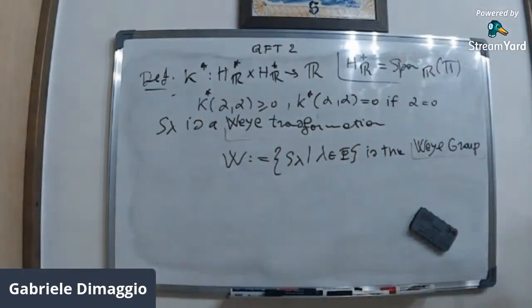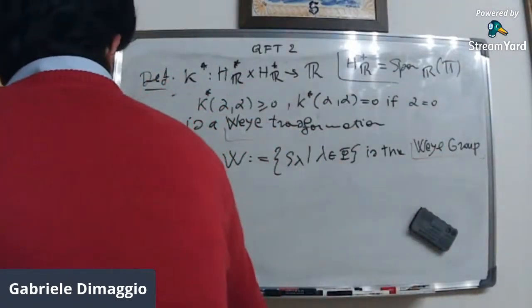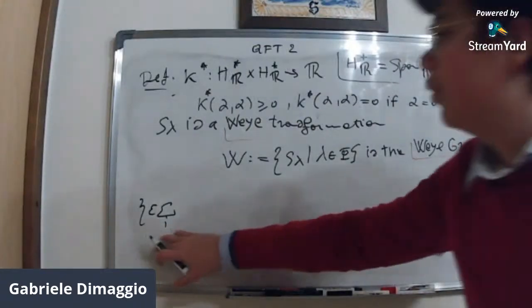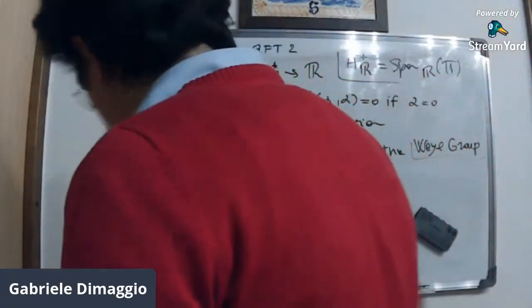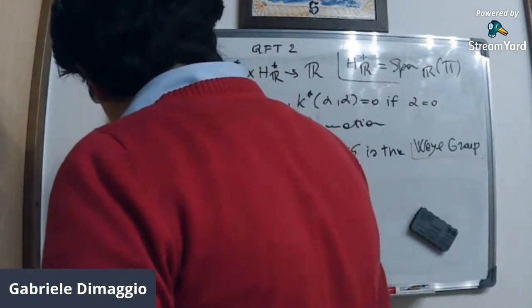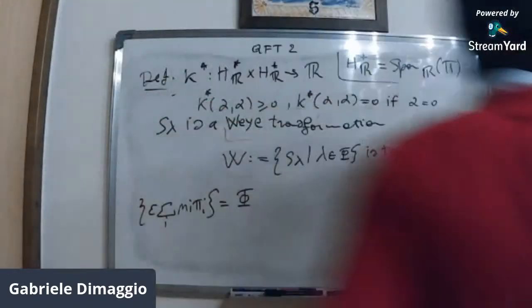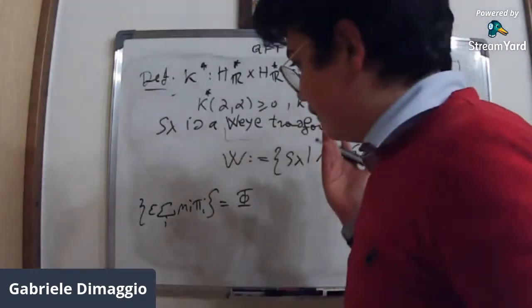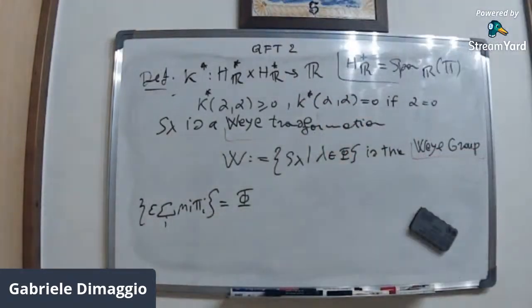I can consider the set of all epsilon, the sum over i of n_i pi_i, and this is the set of all roots.